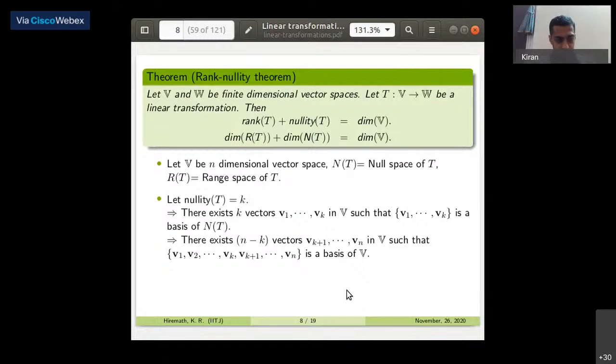Now, is this statement clear? This is very important: a linearly independent set with fewer elements than the dimension of a vector space can be extended to a basis of the vector space.